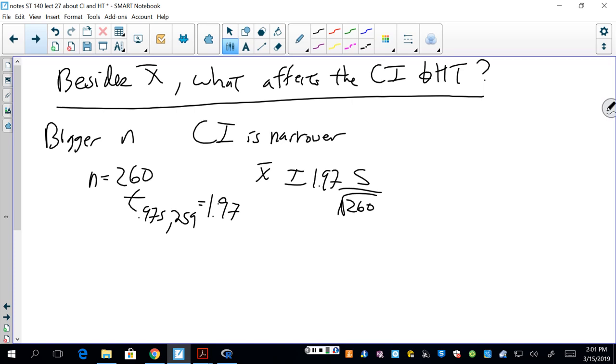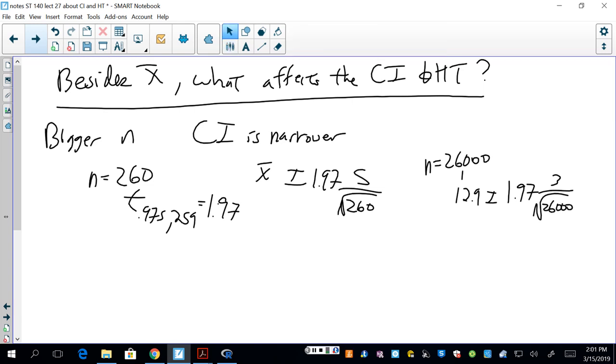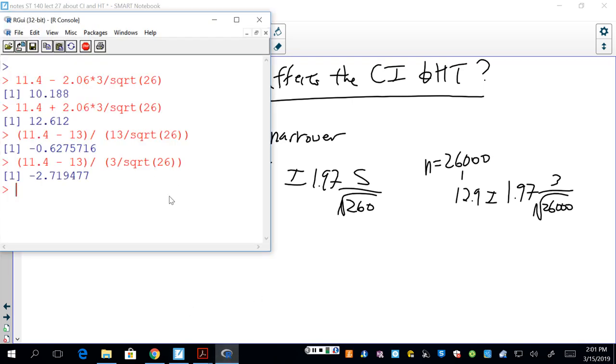you can get these little tiny intervals. N equals 26,000 infants, a big study, 12.9 plus or minus, well, that's going to be almost 1.96. And if s was 3 as before, with 26,000 here, we can see what actually happens. I'll calculate it.